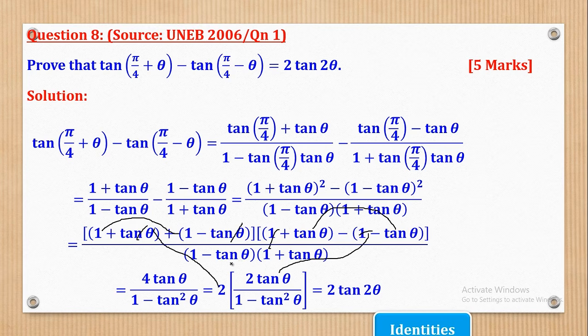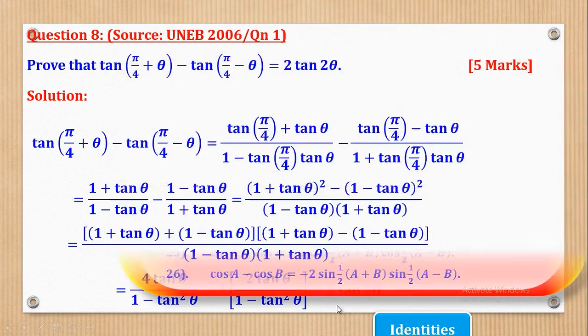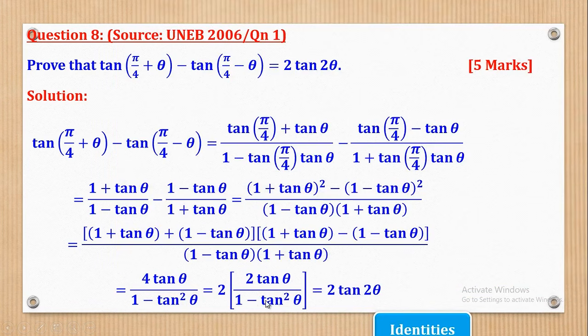So the denominator is a difference of 2 squares, which will be that. Now from there you are going to be keen to compare it with the double angle. If you compare it with the double angle of tan, here it is 2t over 1 minus t squared, and also here we have 2 tan over 1 minus tan squared.